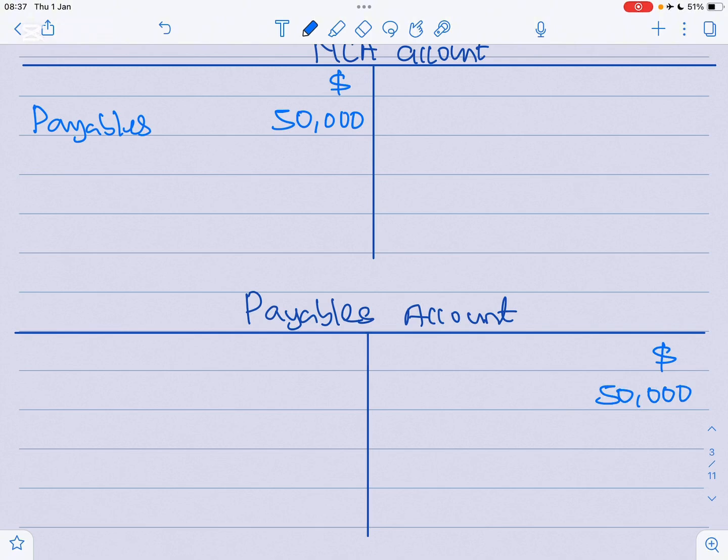Now, to alter formats, you have the debits to be on the left hand side, and then the credit is going to be on the right hand side. So you have the credit here. Now, unlike the asset account, when you have a liability in the liability account, the positive side is the credit side. A reduction in your liability in the liability account is going to be on the debit side.